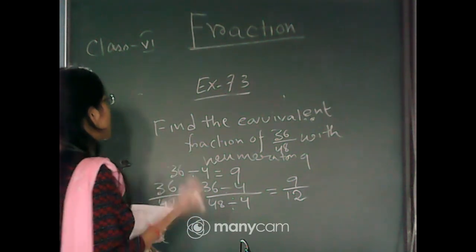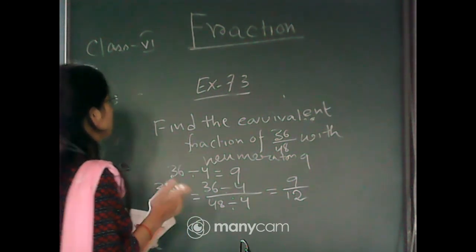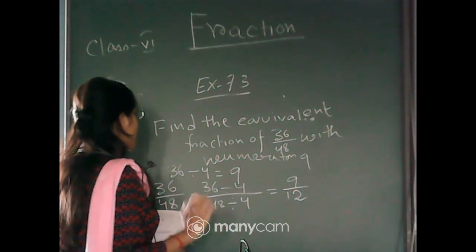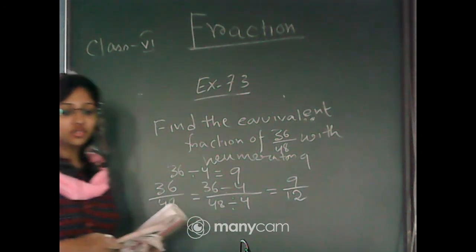Therefore, the equivalent fraction of 36 by 48 with numerator 9 is 9 by 12.